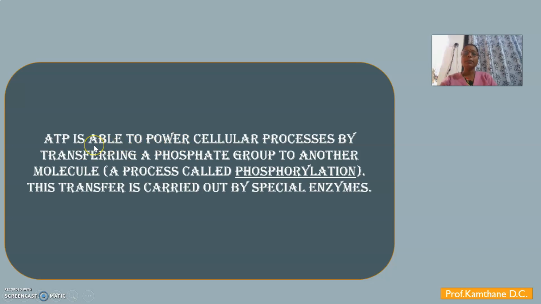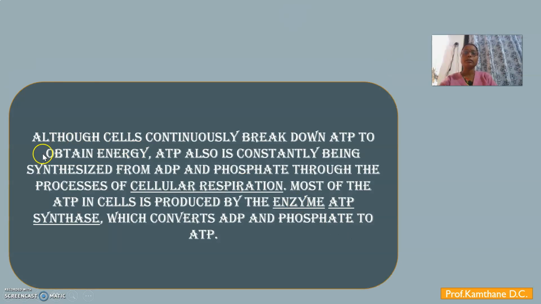ATP is able to power cellular processes by transferring a phosphate group to another molecule, and this is called the phosphorylation process. Phosphorylation is carried out by special enzymes. There is continuous breakdown of ATP as well as continuous synthesis of ATP. ATP is synthesized from adenosine diphosphate and phosphate through cellular respiration.